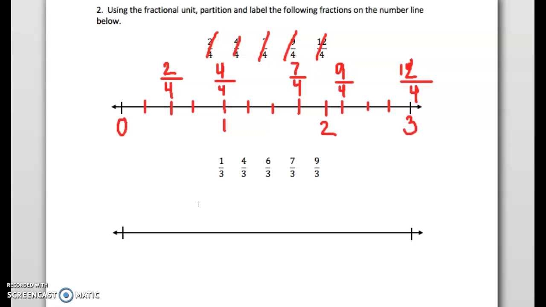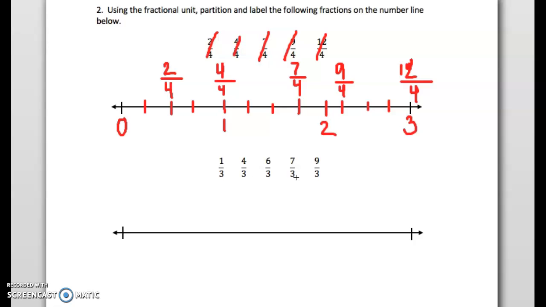Now, using the same steps and strategies I just showed you, I want you to take a second, pause the video, and solve the second problem. So you have 5 different fractions listed. As we can see, our fractional unit is thirds since our bottom number, or our denominator, is 3.